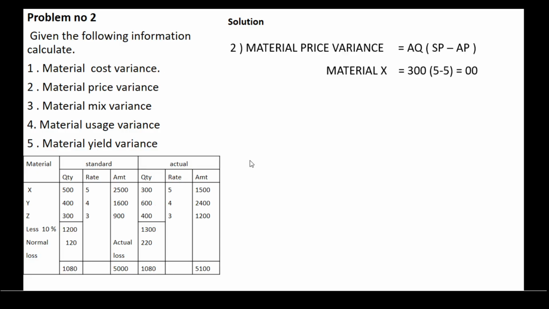So 300 into 5 minus 5. It means 300 into 0. So here the material X price variance is 0.